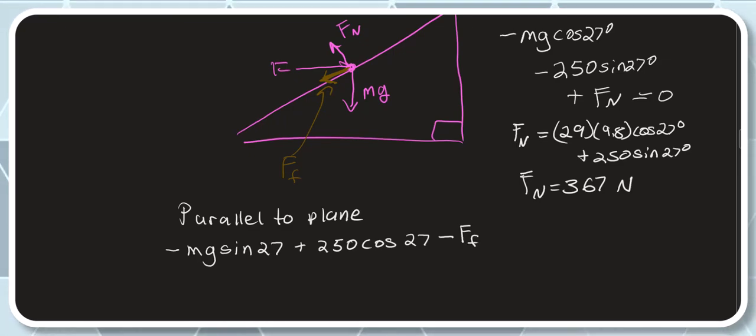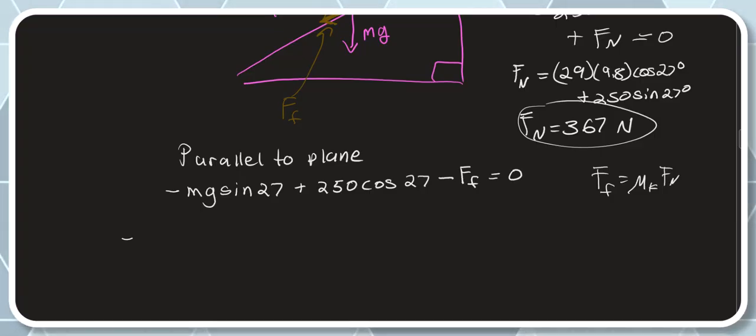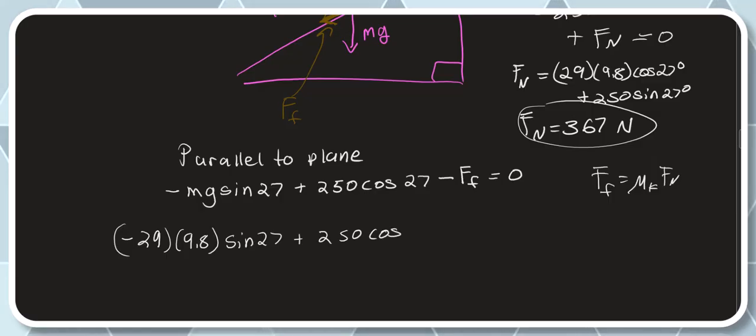It's moving at a constant speed, so that means our net force is 0. Now, what is the frictional force? The frictional force will be the coefficient of kinetic friction times the normal force. And luckily, we just found the normal force right here. So now we have everything we need to plug in. So that's minus 29 kilograms times 9.8 meters per second squared sine 27 plus 250 cosine 27 minus mu k times 367 equals 0.